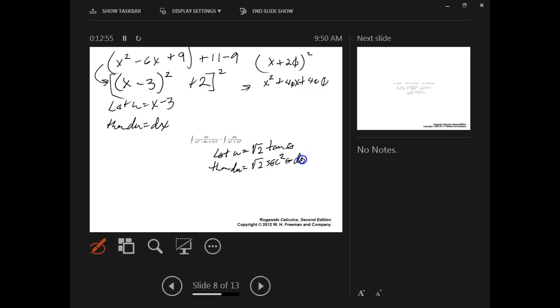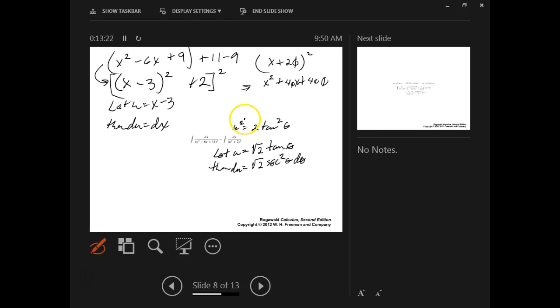You're my d theta person today. Good. Now that takes care of the du. We've still got to do a u squared. So what's u squared? 2 tangent squared theta, right?